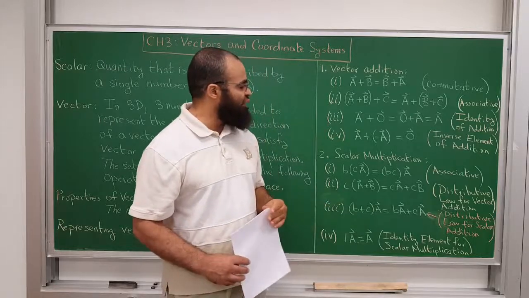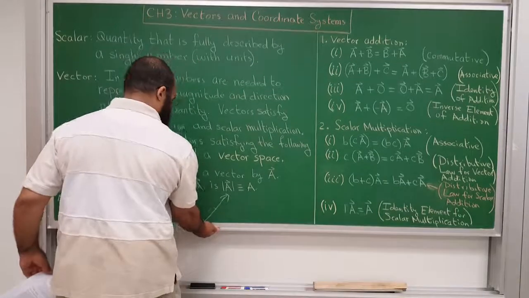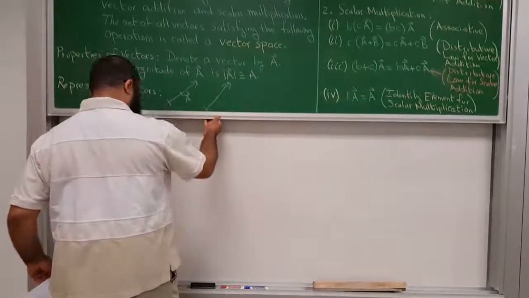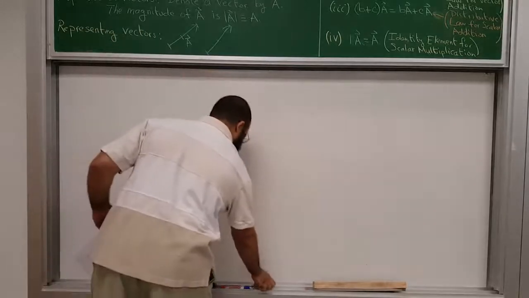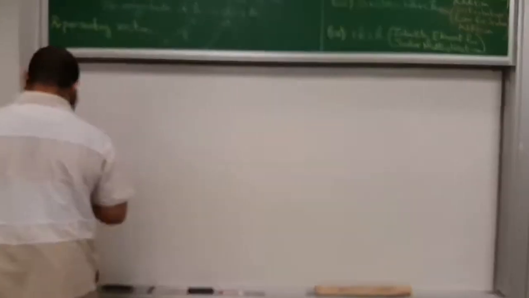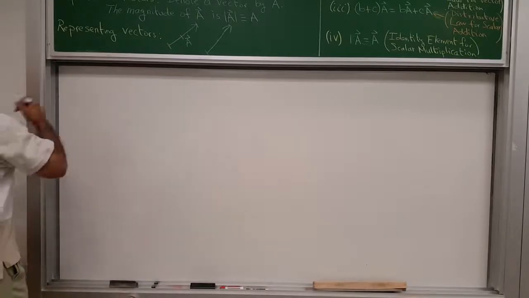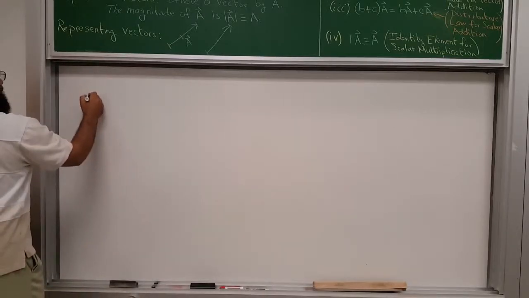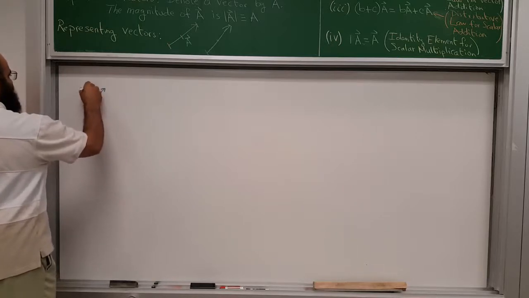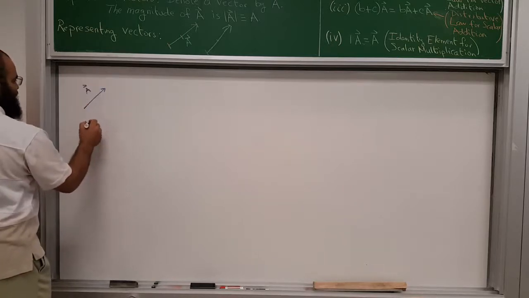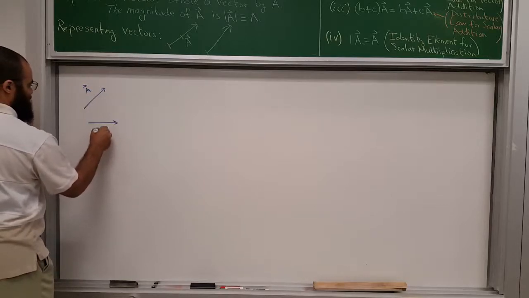Geometrically, what this means is the following. Let me do these one by one, and draw that here. For vector addition, here is vector A, and here is vector B, in this direction.